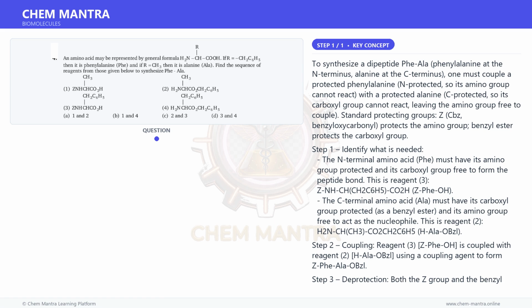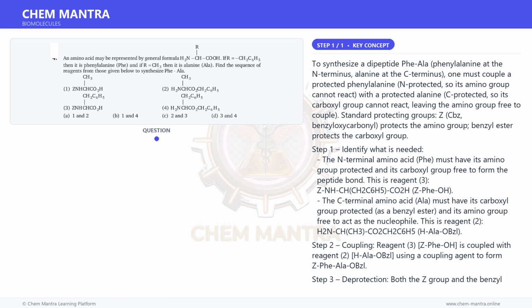Reagent 4 has CH2C6H5 on the alpha carbon with free NH2 and benzyl ester, so 4 is H-Phe-OBn. Coupling 1, Z-Ala, plus 4, H-Phe-OBn, gives Z-Ala-Phe-OBn, then Ala-Phe. The answer given as B may reflect a convention where the question labels the dipeptide Phe-Ala in the reverse direction, or there is a numbering discrepancy.